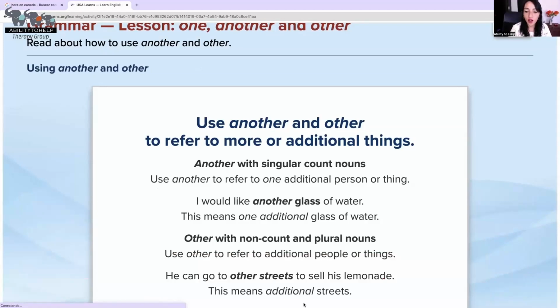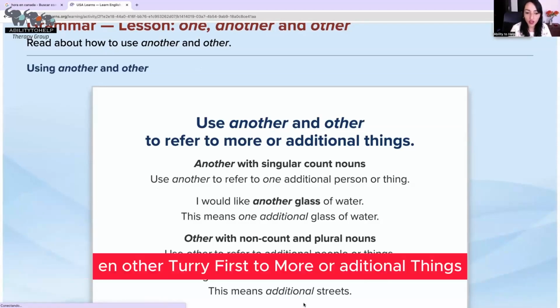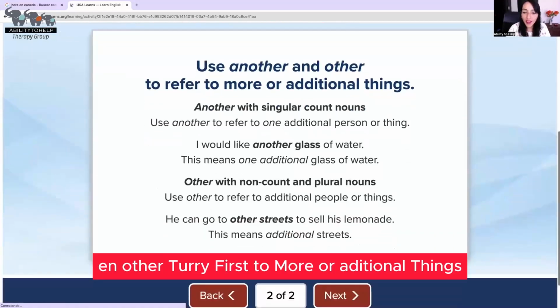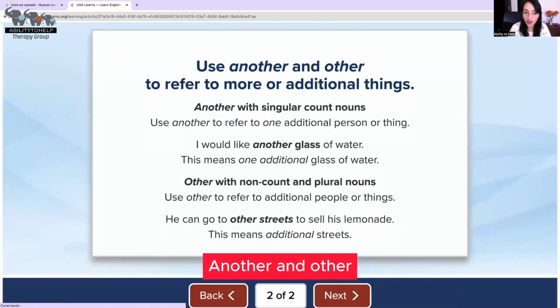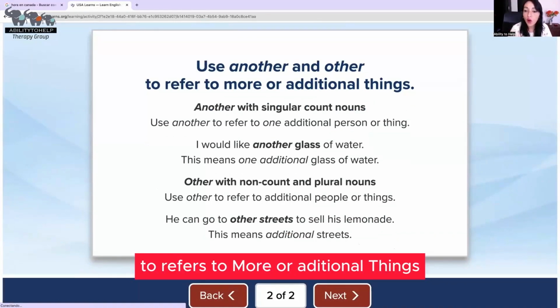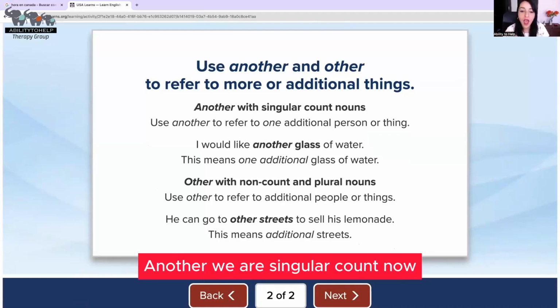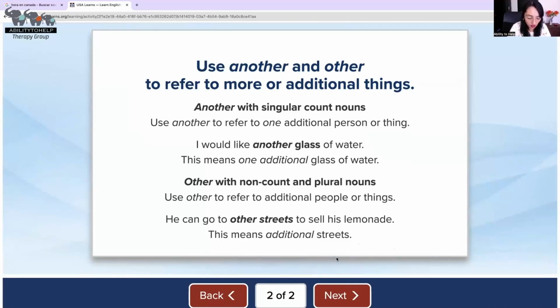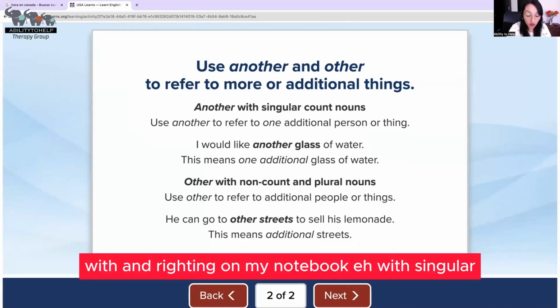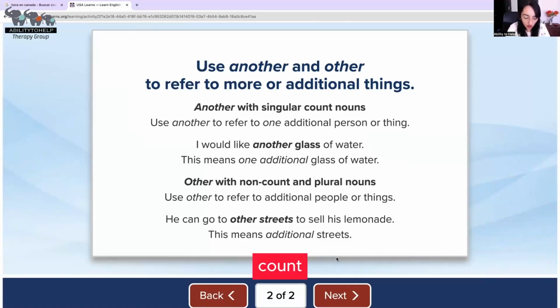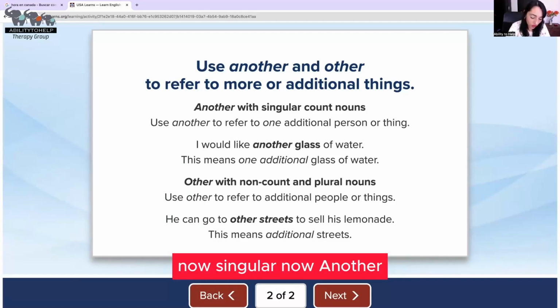Use another and other to refer to more or additional things. Another with singular count nouns. I'm writing in my notebook: another with a singular count noun.